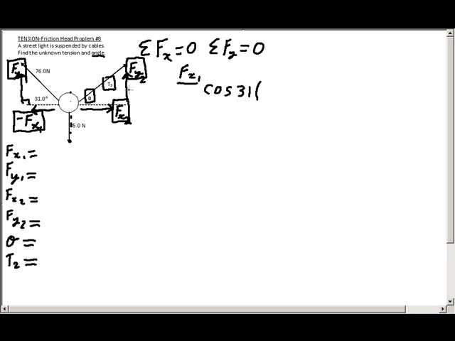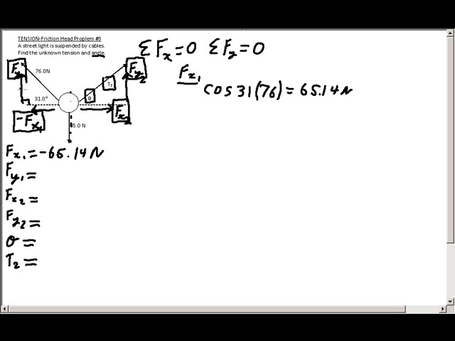If I rearrange that, I get cosine 31 times 76, and what I wind up with is 65.14 newtons. This value is in the negative direction, so it's going to be a negative 65.14 newtons. Cool.